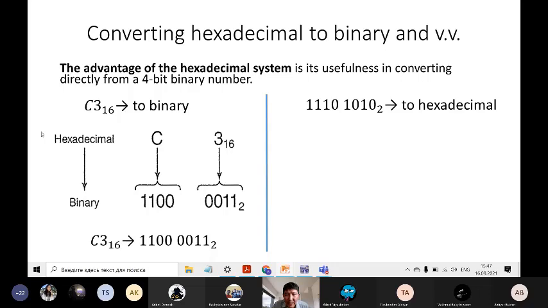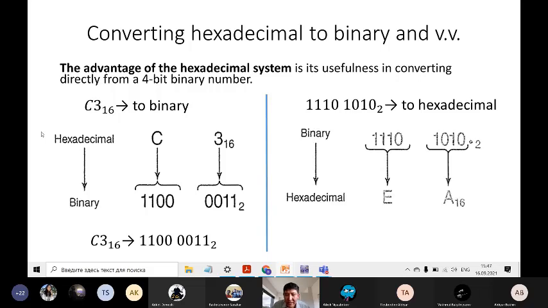You just need to consider 4 bits at a time. This 1010 is the first 4 bits, and 1110 is the second group. Consider them separately and convert the first 4 bits to a hexadecimal digit, and the second 4 bits to a hexadecimal digit.